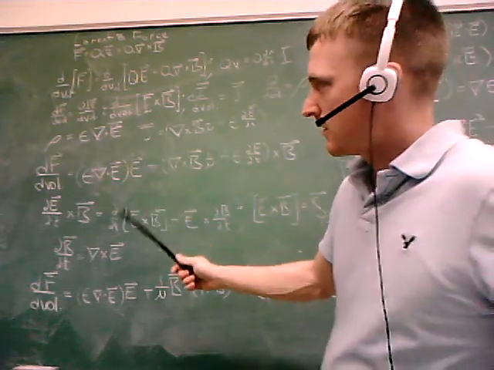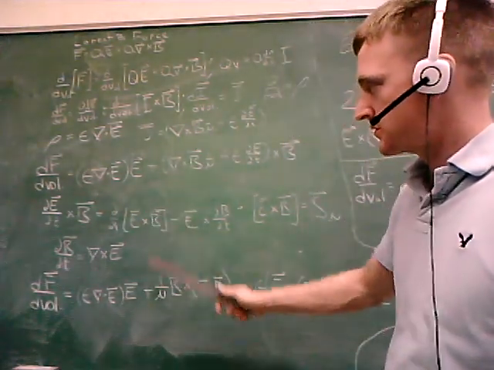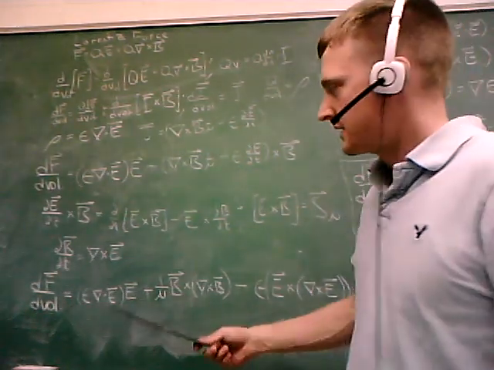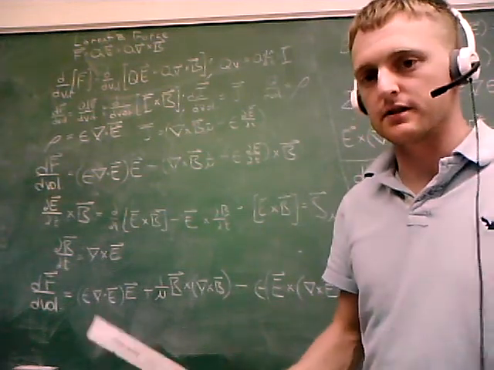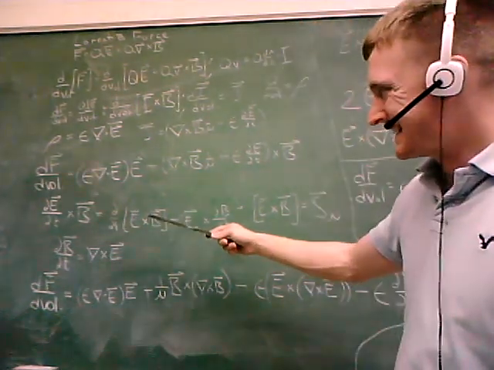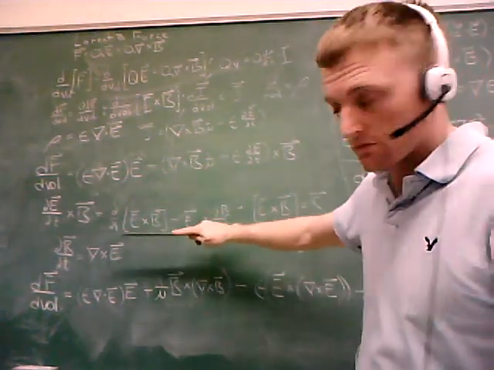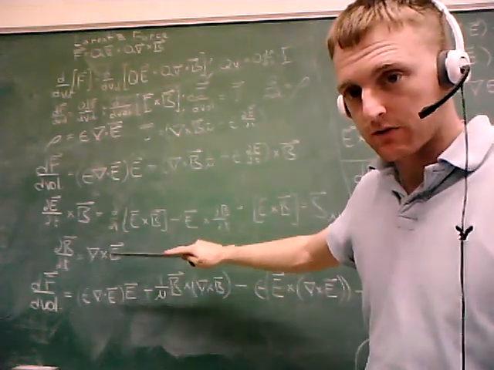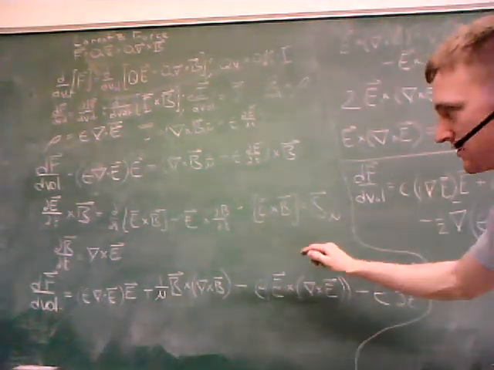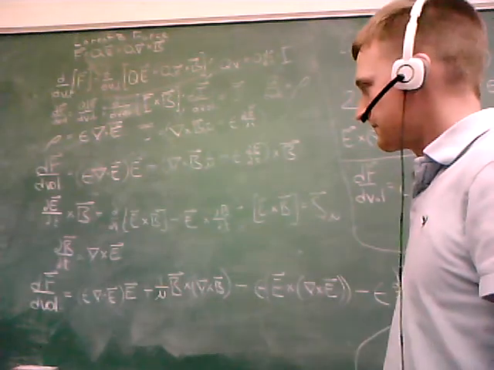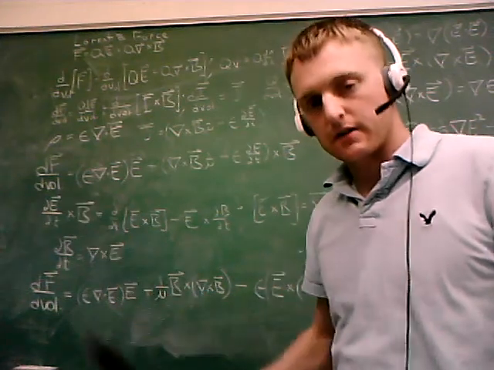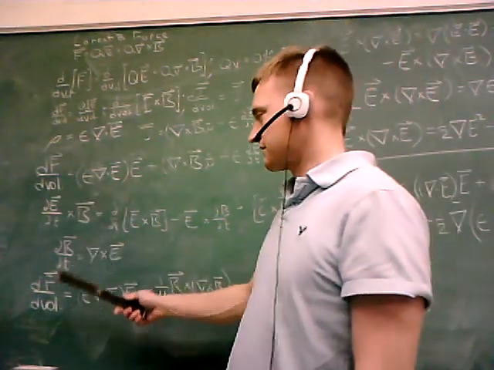So dE over dt crossed with the magnetic field is equal to, by a substitution of a formula in the back of the book, not the answer section, the reference section, d over dt times E cross B, which is the new one I introduced at the beginning of chapter 14, Poynting's vector, S, minus E cross the changing magnetic field. And we know the changing magnetic field to be Faraday's law. A changing magnetic field results in an E field.